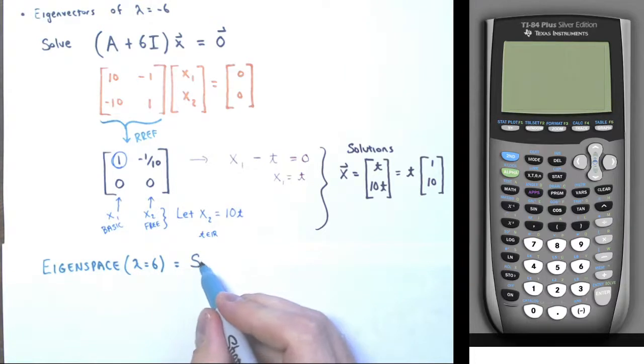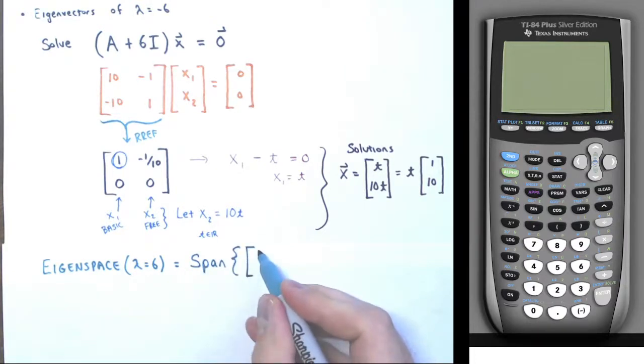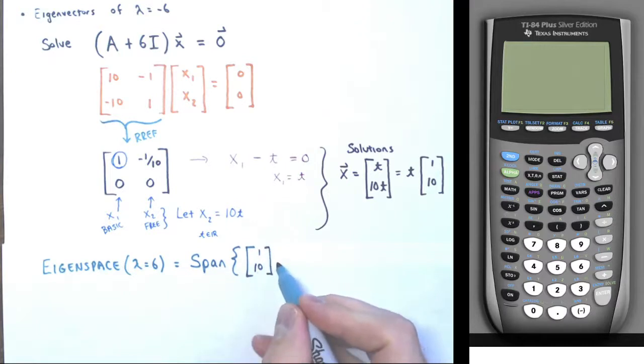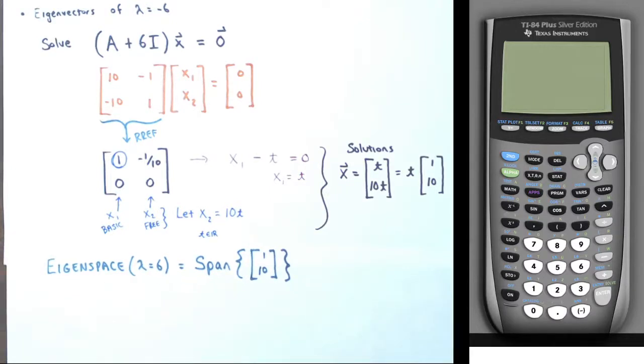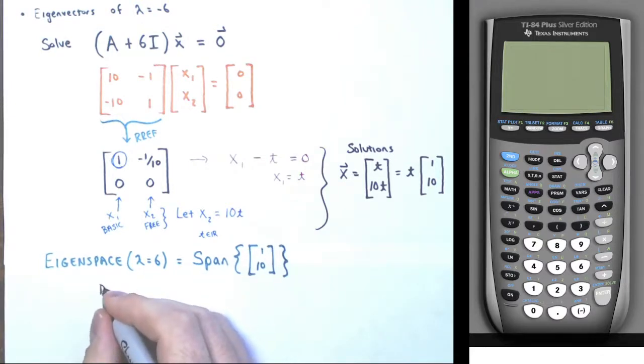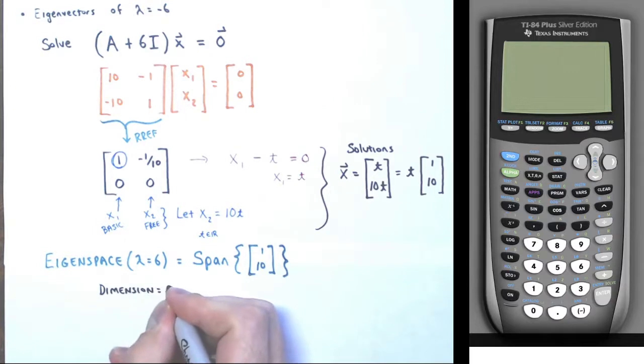So that's the span of the set with the vector (1, 10) in it. And yet again, I have an eigenspace with a dimension of 1, because this set with the vector (1, 10) in it is clearly a basis for this vector space. So again, this has a dimension of 1.